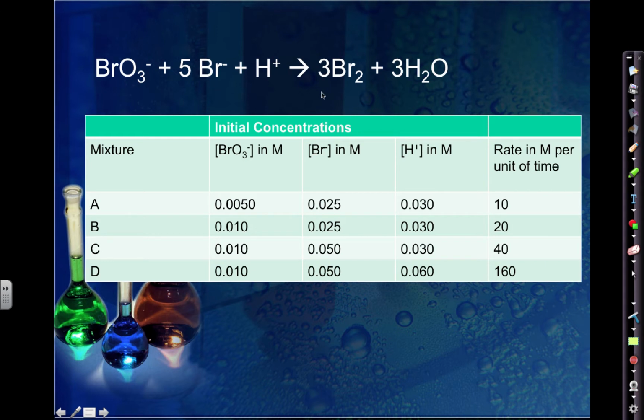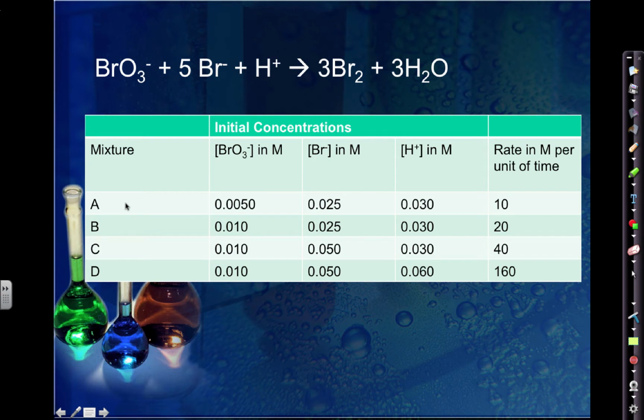So you have this reaction right here, with your three reactants, and what you did is you changed the concentration of the BrO3, the Br, and the H. Then we measured the rate, so how fast it took the reaction to go to completion.